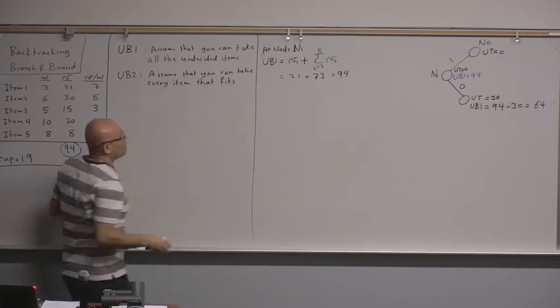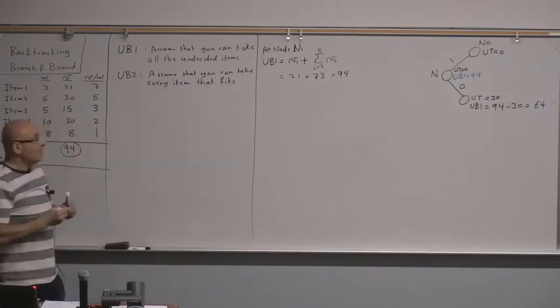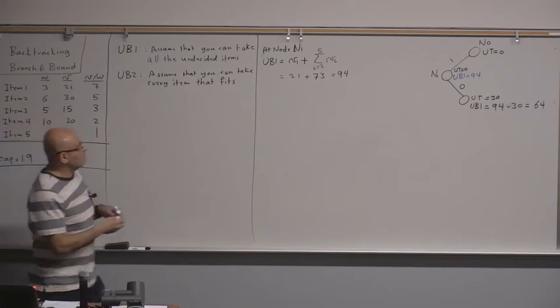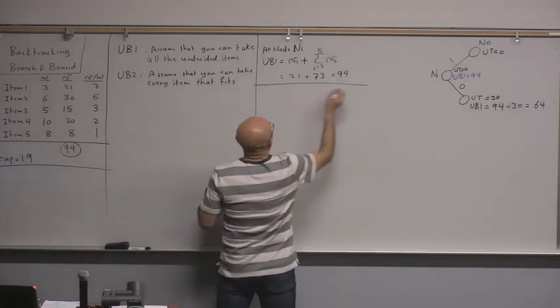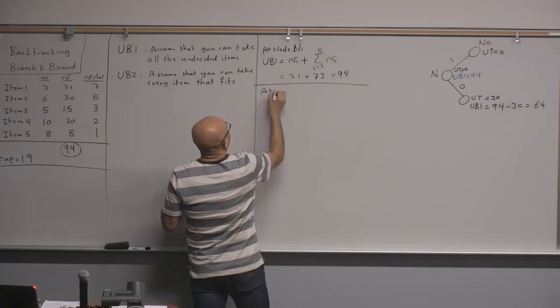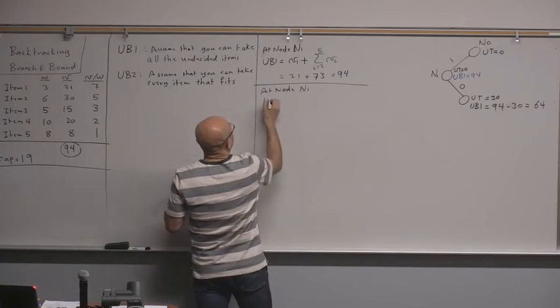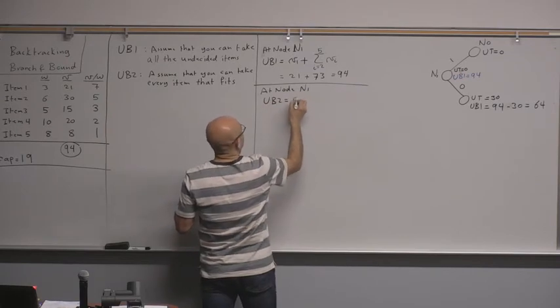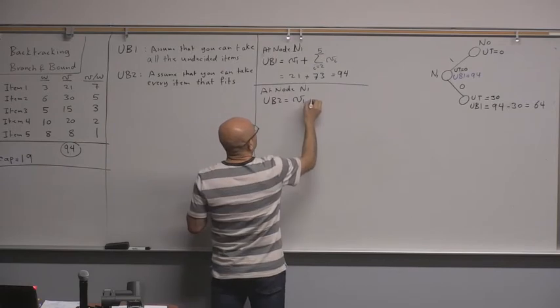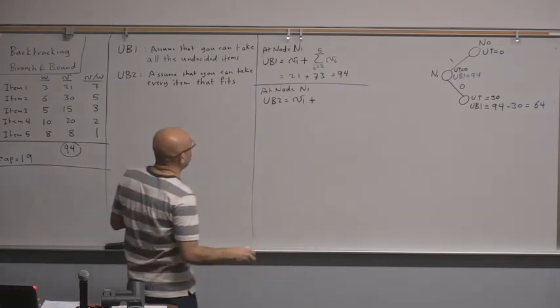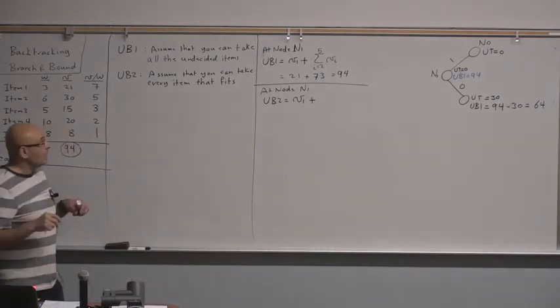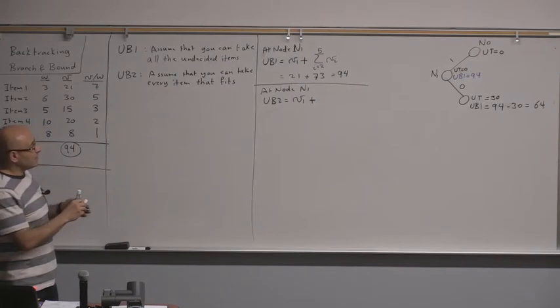So just check each item if it fits or doesn't fit, and assume that you can take it. So at node 1 and 1, upper bound 2 equals, of course, the value 1 plus, now we have to selectively check each item whether it fits or doesn't fit.